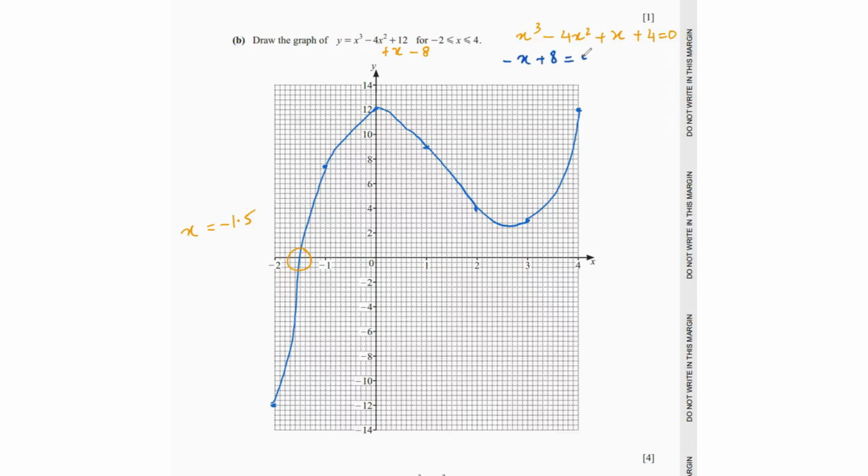So that is the equation of the straight line that you will sketch on this graph. And then you will see what the intersection points between the line and the curve are. So we have y equals negative x plus 8. The y-intercept is positive 8, so let's mark that over here. For another coordinate, we can put x equals 1. So negative 1 plus 8 gives us 7.